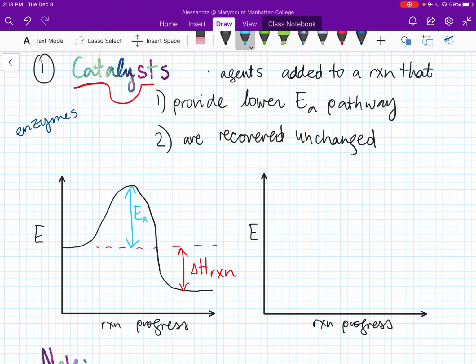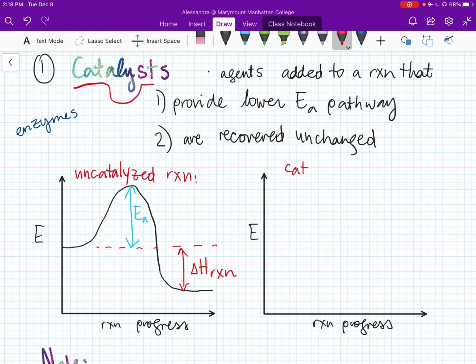And again, the activation energy is the barrier that needs to be surmounted in order for the reaction to happen. So this reaction that I just drew is for the uncatalyzed reaction, let's say, the reaction without a catalyst.